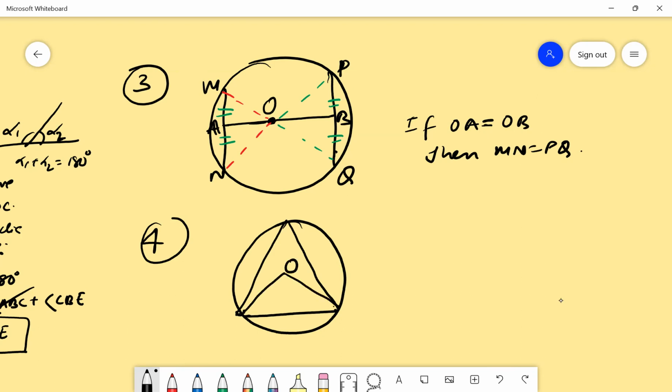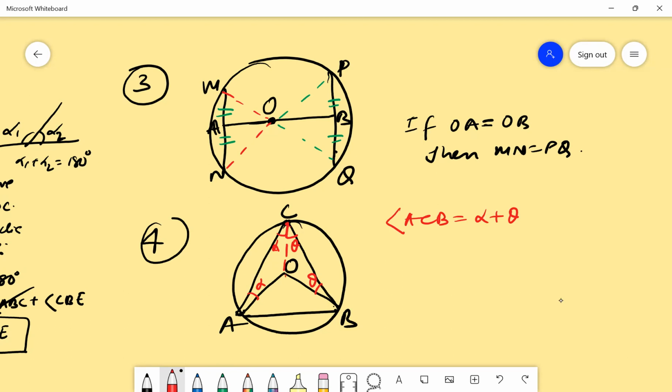What you need to do, suppose this is AB, AB is a chord, and suppose this is point C. Just join this line, C and O. So if this is alpha, this is also alpha. If this is theta, this is also theta. Now you can understand this is alpha plus theta. Angle ACB is what? Alpha plus theta.